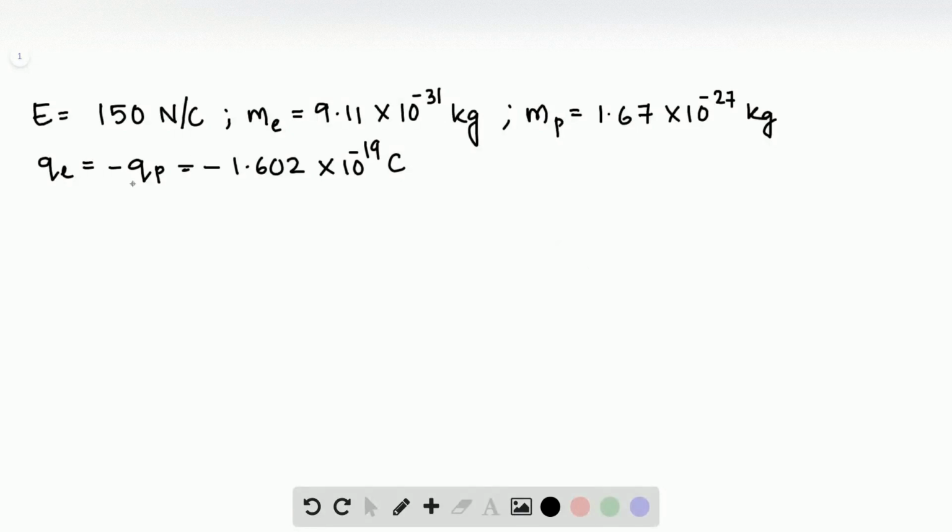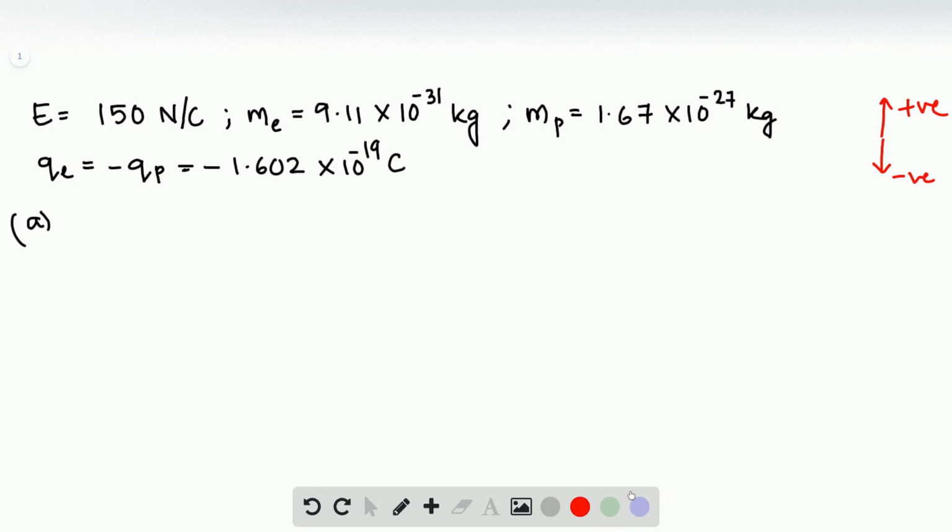So in this question we have an electric field of 150 Newton per coulomb near the Earth's surface, and we have to find the acceleration experienced by an electron in such a field. So let's take down to be negative and up to be positive.